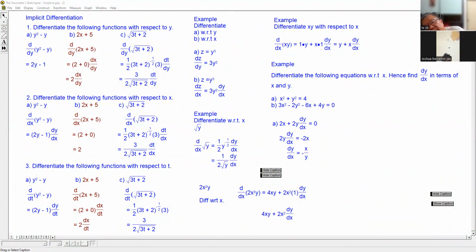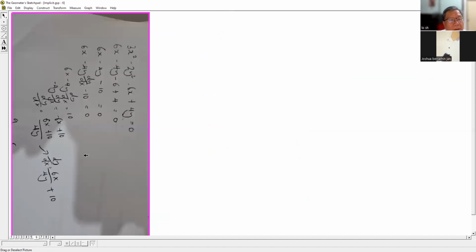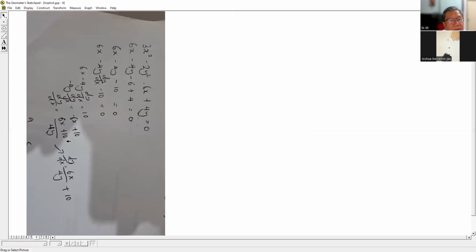Differentiate becomes 6x, correct? There's a mistake here. Okay, now you look at this.